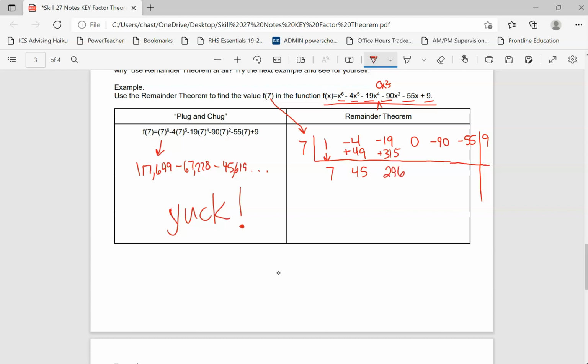So I'm just trucking right along here. Okay, so these are getting a little bigger, but not as bad.